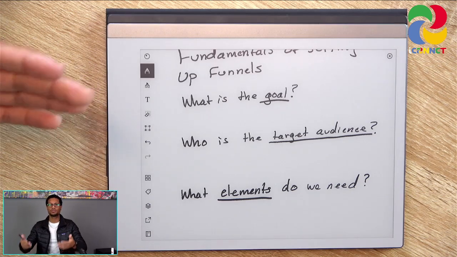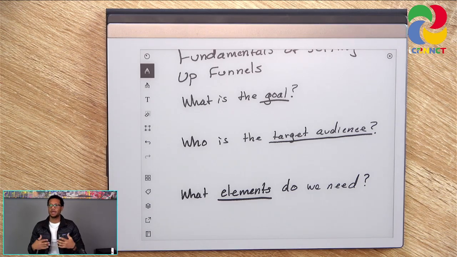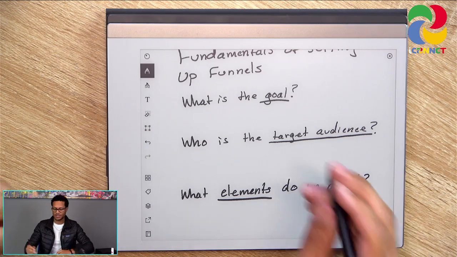I want people to reply to me. For Facebook ads, I want them to go into my Messenger. There's a goal that you have with every single one of the funnels that you create. Usually that goal is the action that you want the consumer to take when they go through your funnel. It's plain and simple: what is the action that I want the consumer to take?